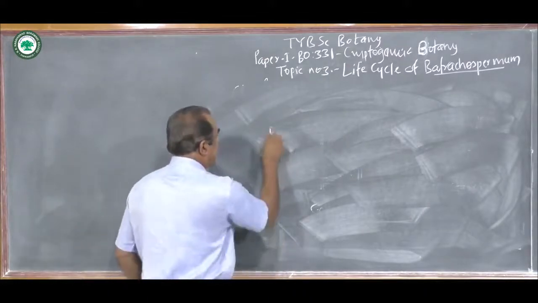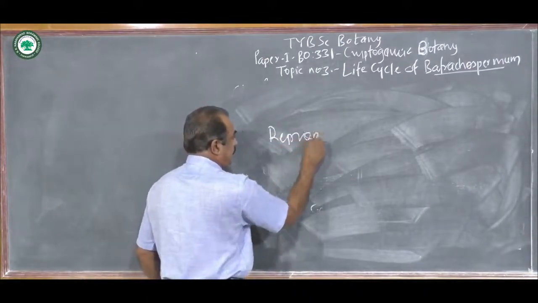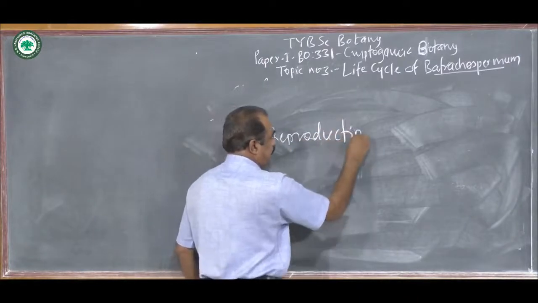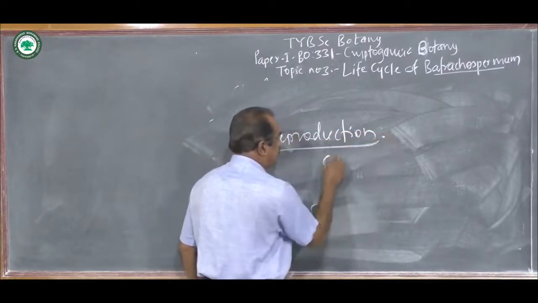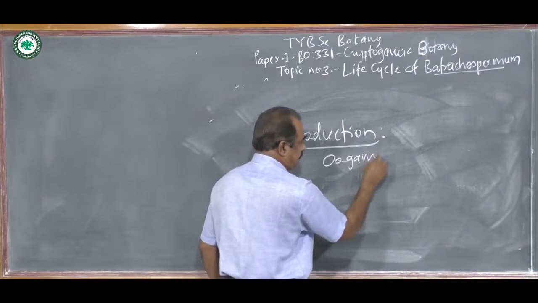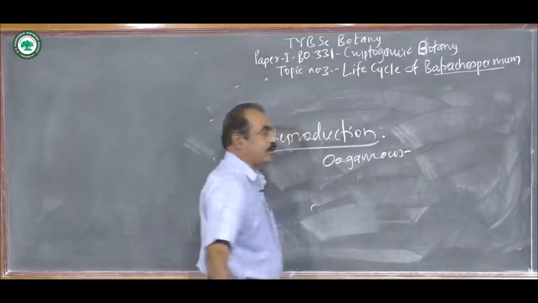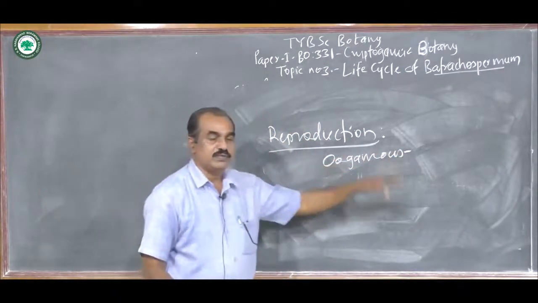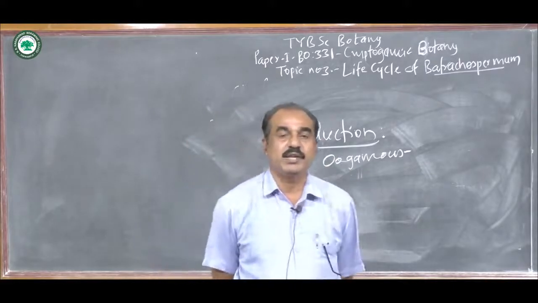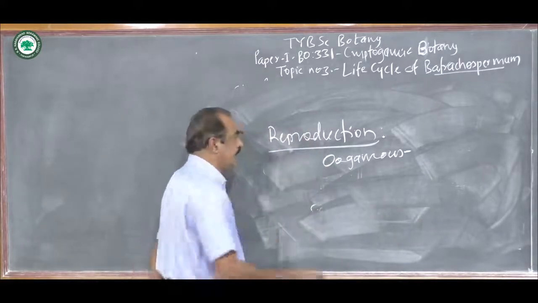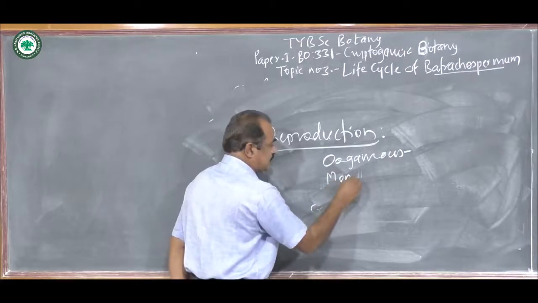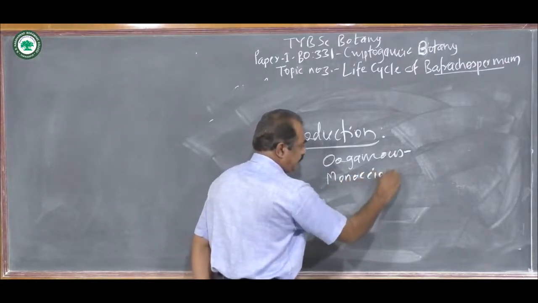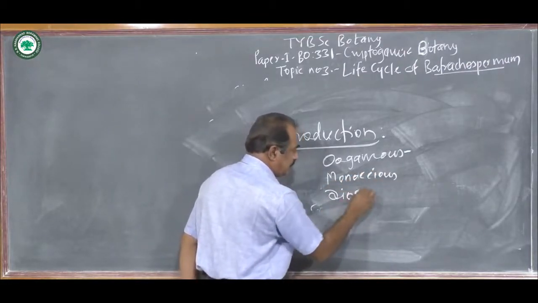Now the reproduction. Generally it is oogamous type of sexual reproduction, because the oogonium, which is called the carpogonium, is dominant in the life cycle of Batrachospermum. The plants are monoecious or dioecious.